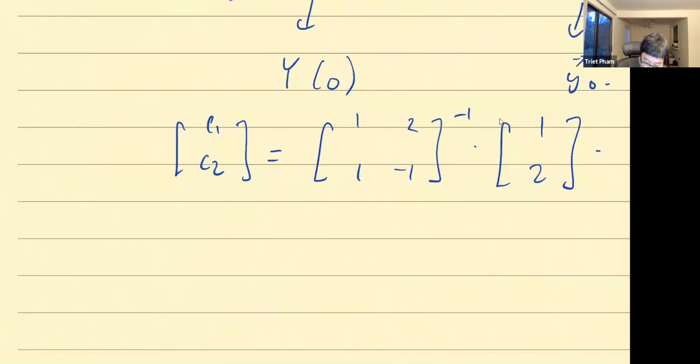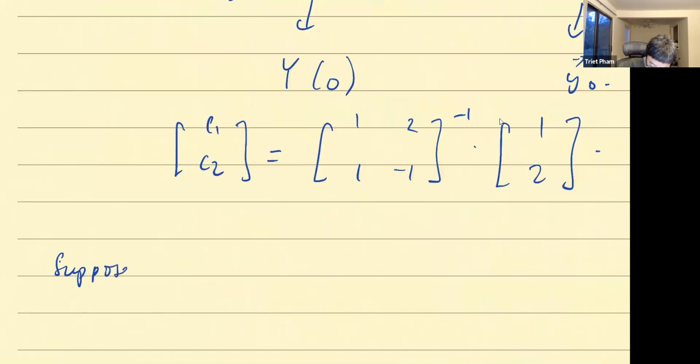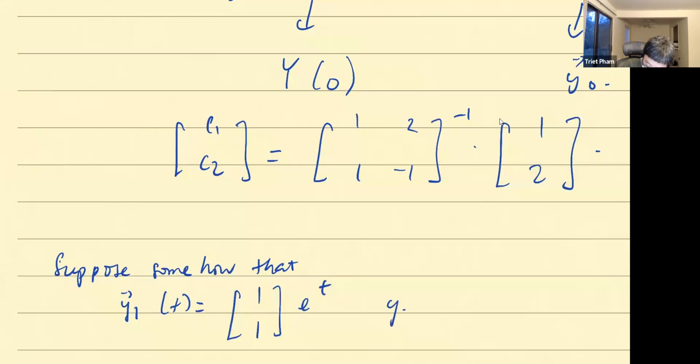Suppose somehow that you propose that y1 is (1, 1) e^t, and y2 is (2, 2) e^(-t). If you do this, you know right away that something is wrong.